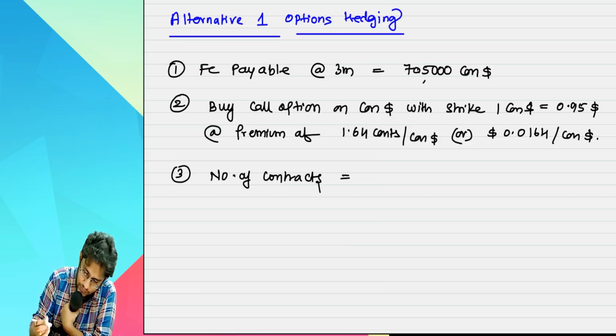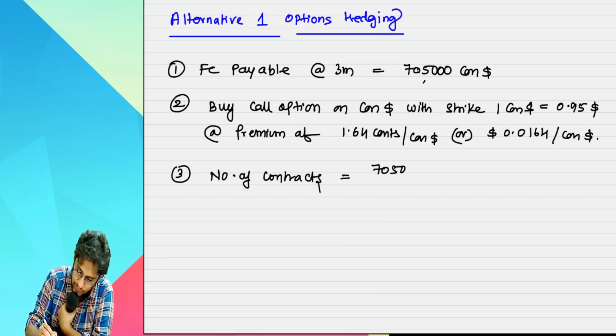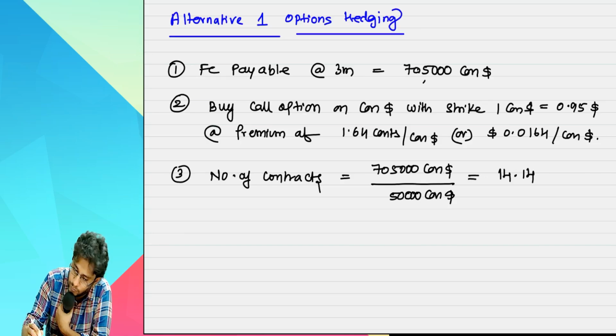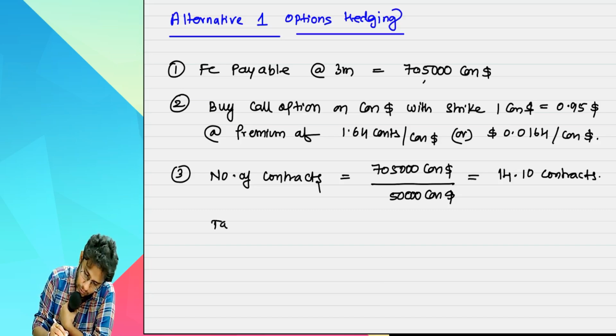Number of contracts: 7 lakh 5,000 CAN dollars I have to hedge. One contract, I can hedge 50,000 CAN dollars. 14.1, okay, take 14 contracts.